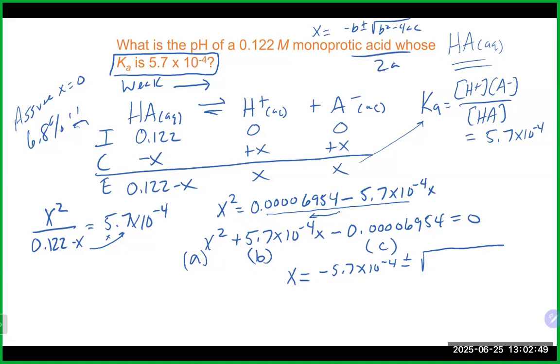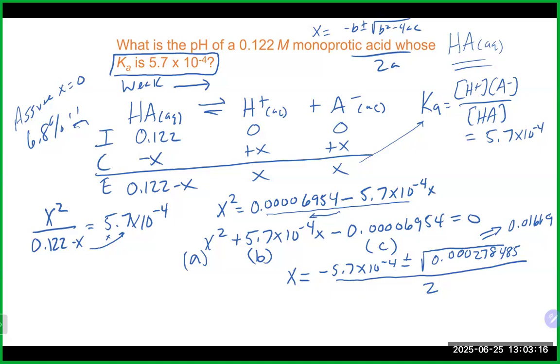If you do everything inside the square root, you end up with 0.000278485. If you then square root it, 0.01669 looks like. See what you get there. And that's all going to be divided by 2 times a, which in this case is just 2.